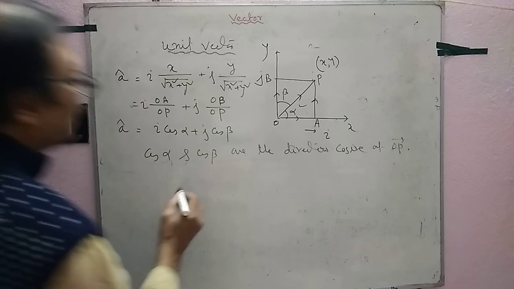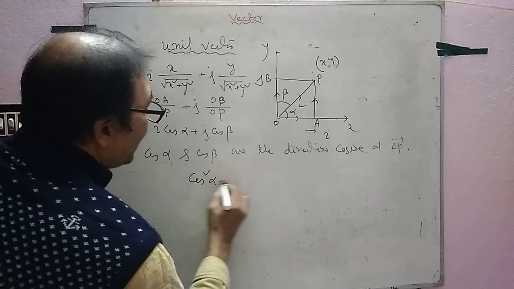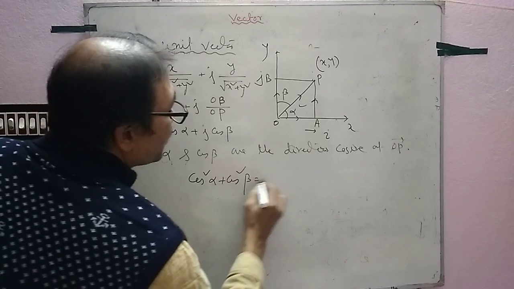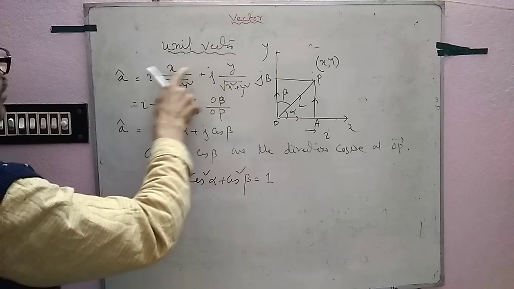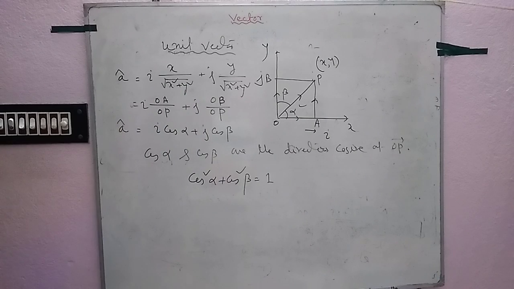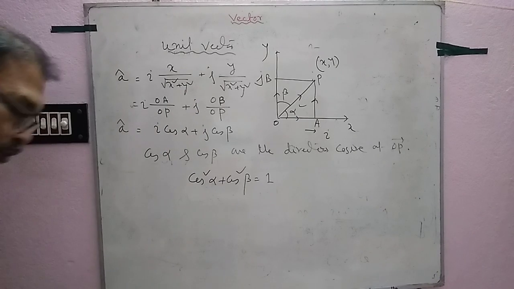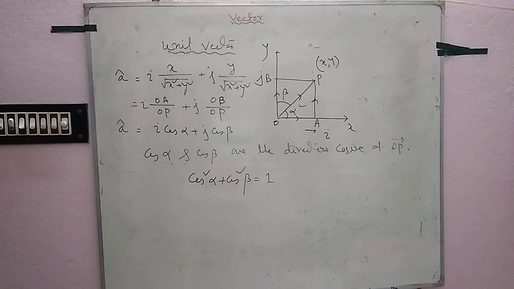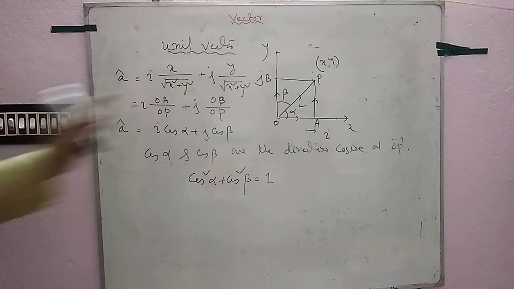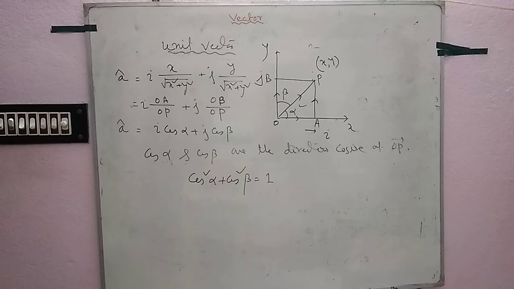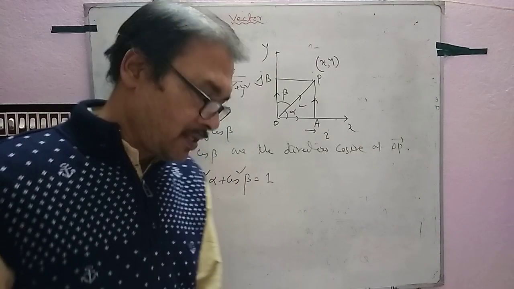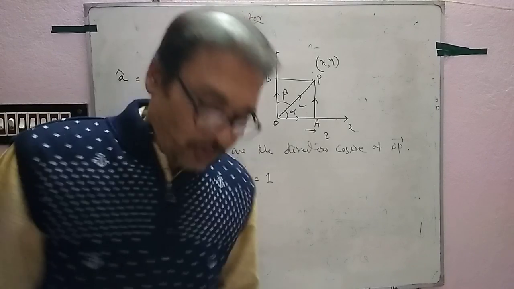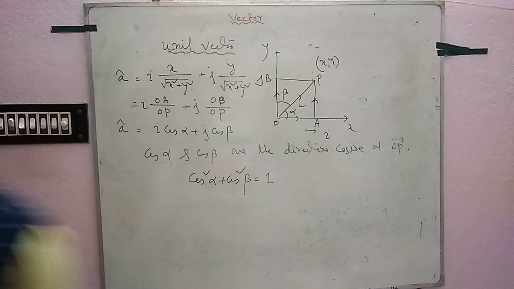Then now cos square alpha plus cos square beta equal to 1. Follow, cos square alpha plus cos square beta is x square plus y square over x square plus y square, which is 1. So cos square alpha plus cos square beta equal to 1. This is the direction cosine. Okay, for 2 dimensions. Similarly, in my next class I shall discuss the direction cosine for 3 dimensions. Okay, so meet you again in my next class.